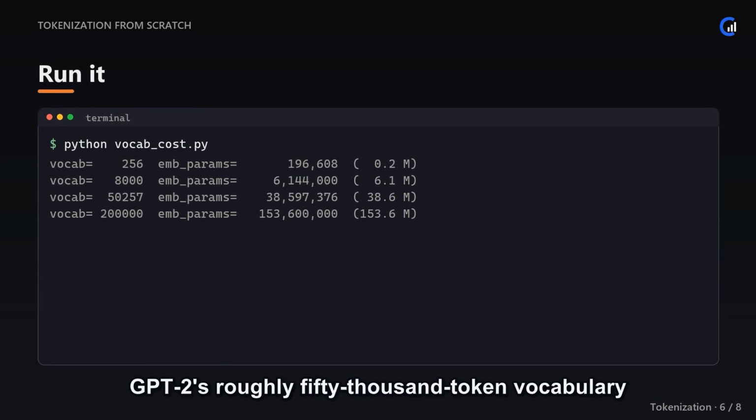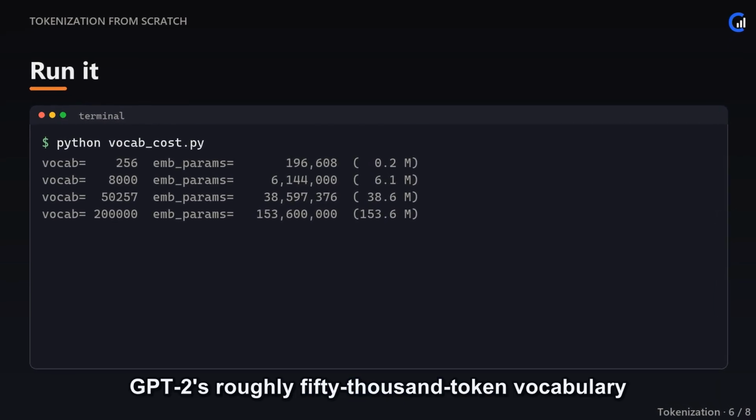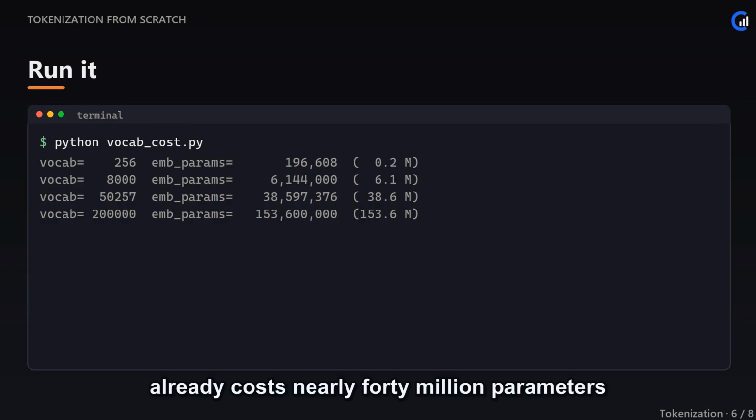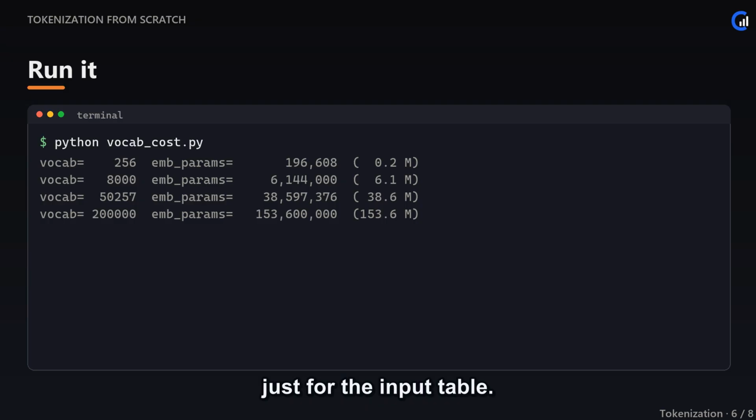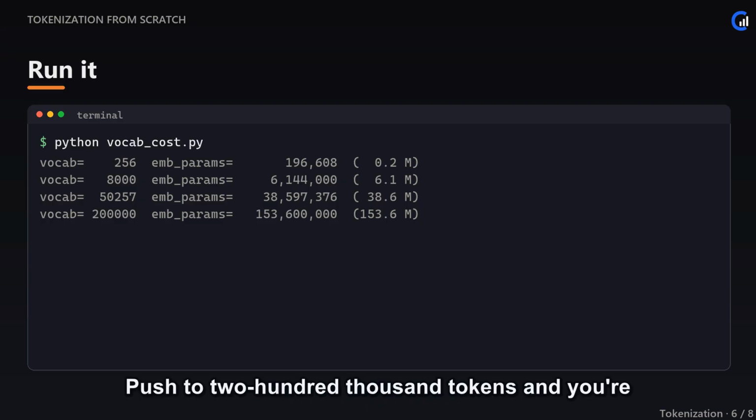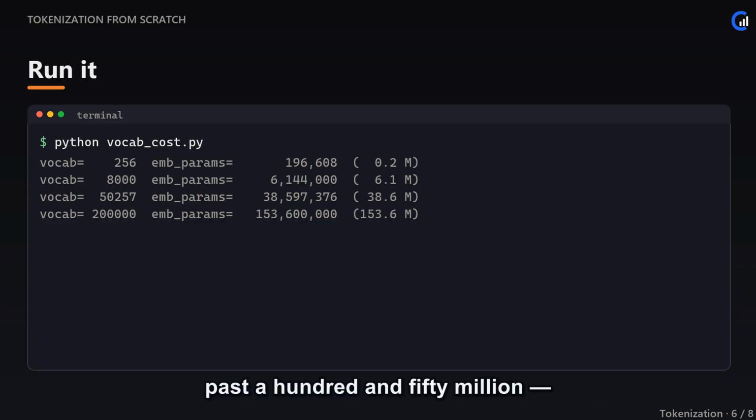And there it is. GPT-2's roughly 50,000 token vocabulary already costs nearly 40 million parameters just for the input table. Push to 200,000 tokens, and you are past 150 million before the model has learned a single thing about language. That's why vocabulary size is a budget decision, not an afterthought.